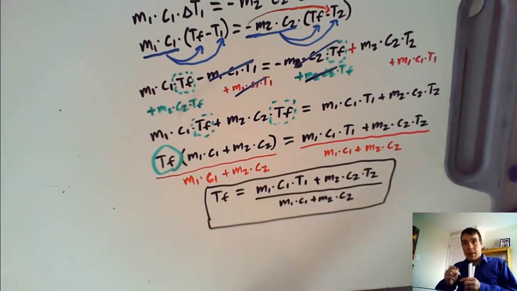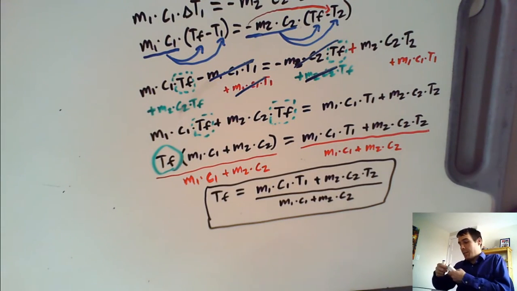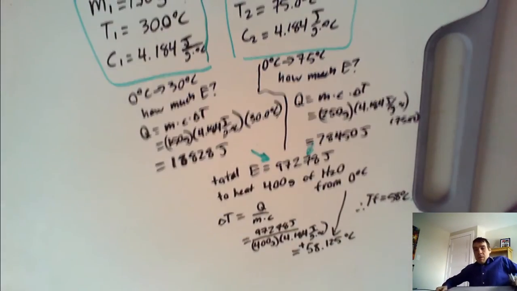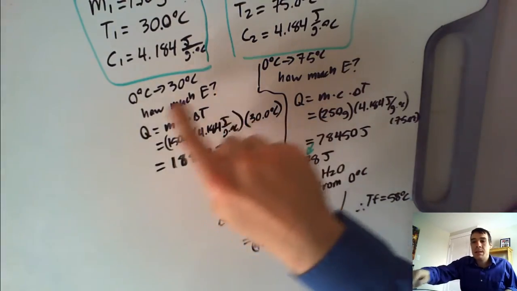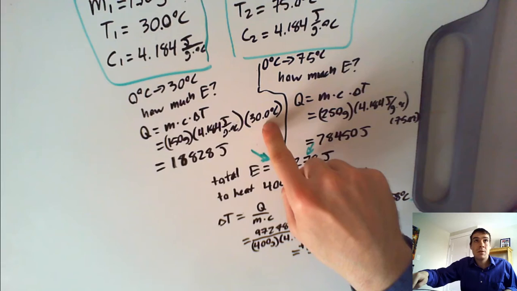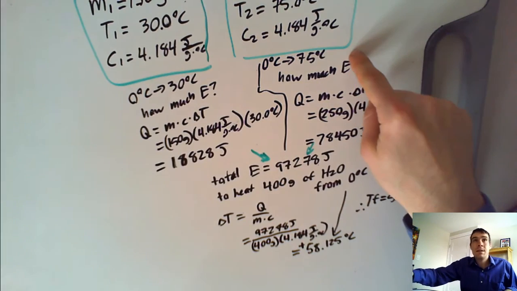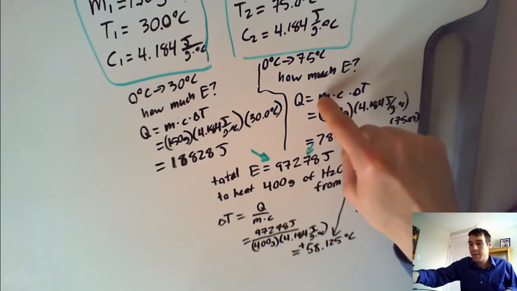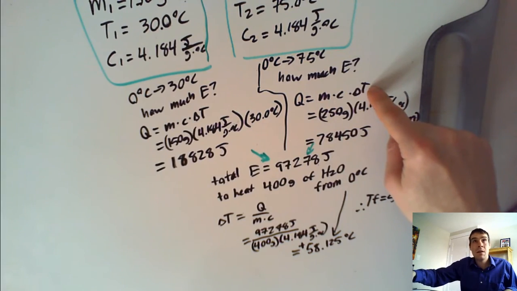But oh, we're not done yet. This is where the magic is about to happen. And where my apology has to come in. Remember back here? Remember what we did? We figured out how much energy it would take to take it from 0. So we did m times c times its temperature. And then we figured out how much energy it would take this one from 0. We did m times c times its temperature.